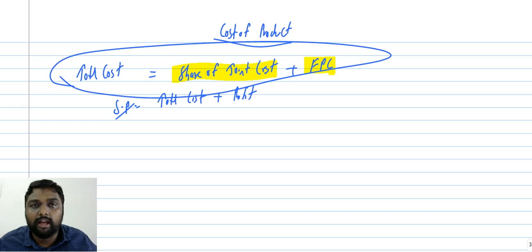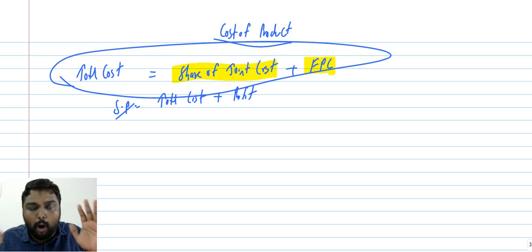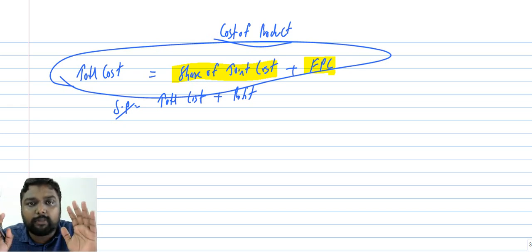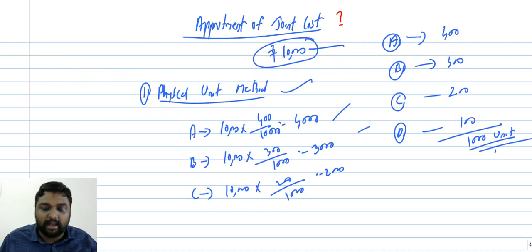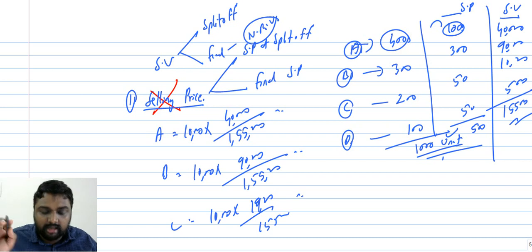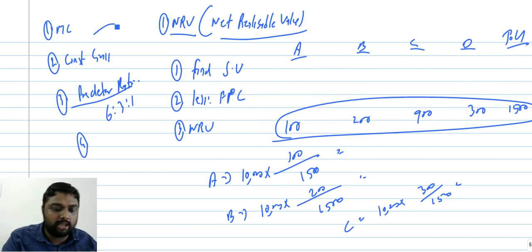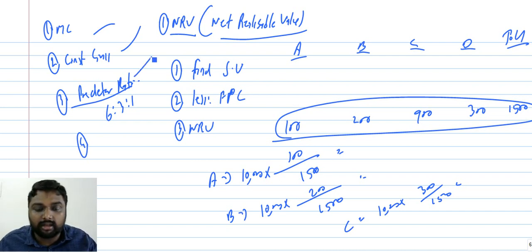Are you ready? We'll go for the problems. Problems are very easy. Exam purposes also they are testing. So we have discussed the apportionment, physical unit method, sales value at split off, NRV method, marginal cost method, constant gross margin, predetermined ratio. Some other methods also we'll discuss.